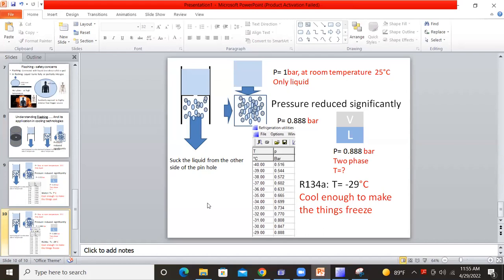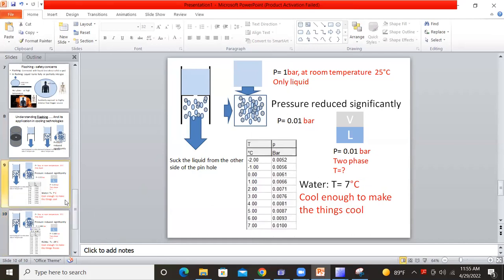Okay, so 0.888 for R134A is minus 29, but 0.01 is very low pressure. Water is only 7. That's why water cannot be used for low temperature applications. So these are high temperature cooling applications.